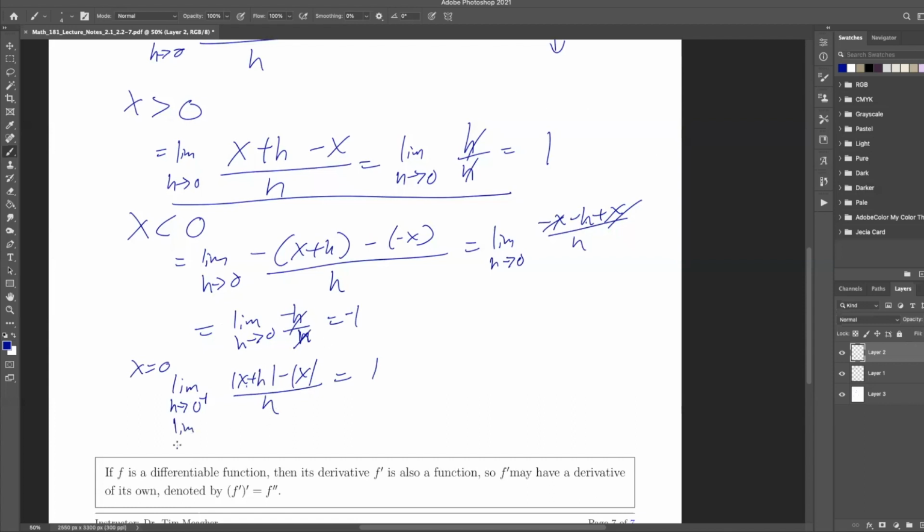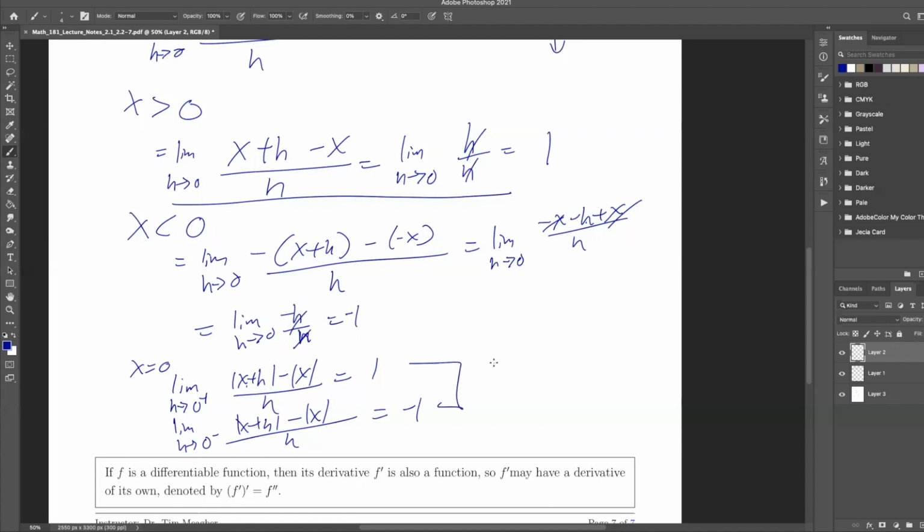If I take the limit as h approaches 0 from the negative side when x is 0, this will be slightly negative, which becomes slightly positive, and this is slightly negative, so this becomes minus 1.